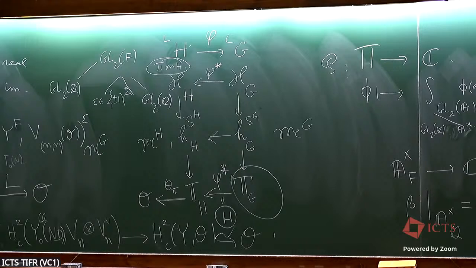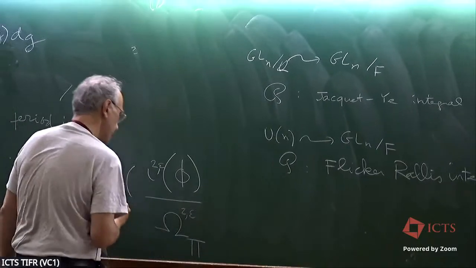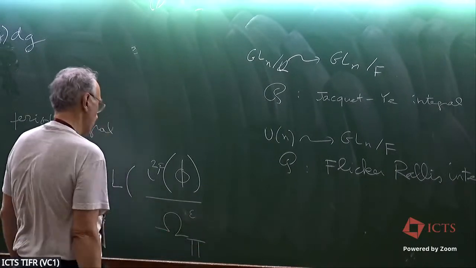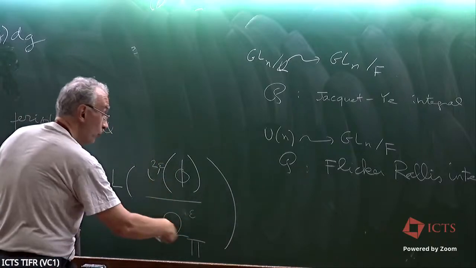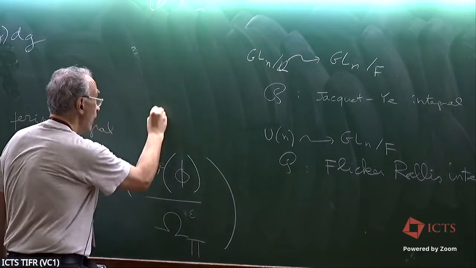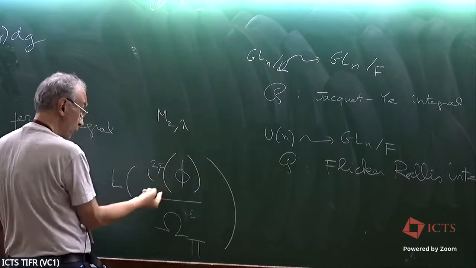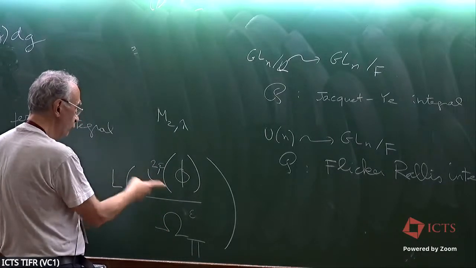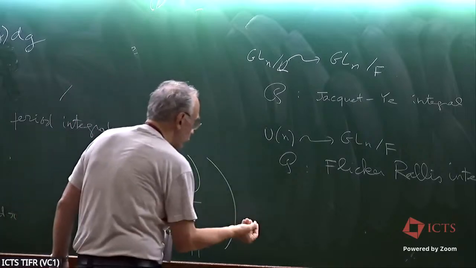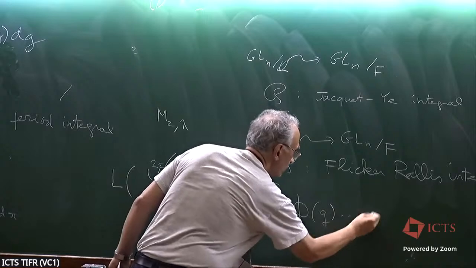So we have a period, which is omega capital pi 2 epsilon, where 2 we drop. And this, as I said, is a basis of M2 lower lambda. This is our C2. So we apply L to this, which amounts to calculating the integral of phi of g twisted dg.